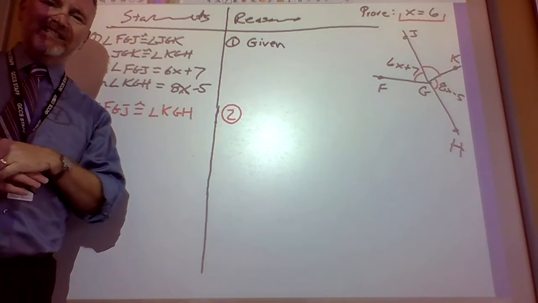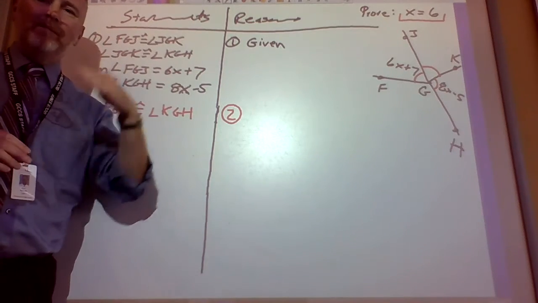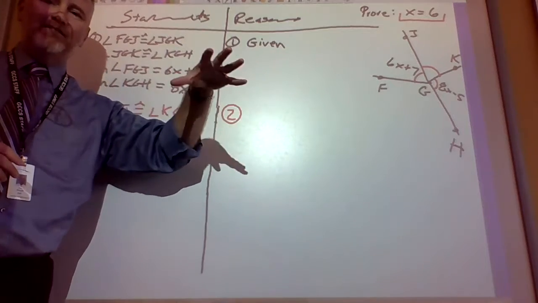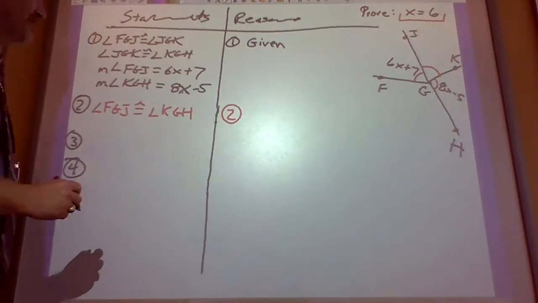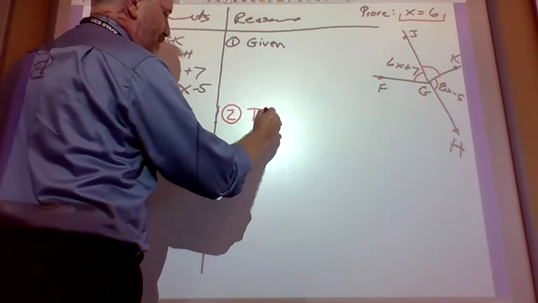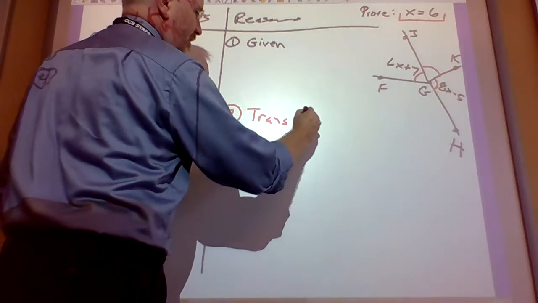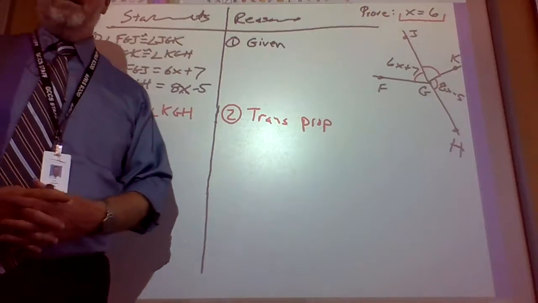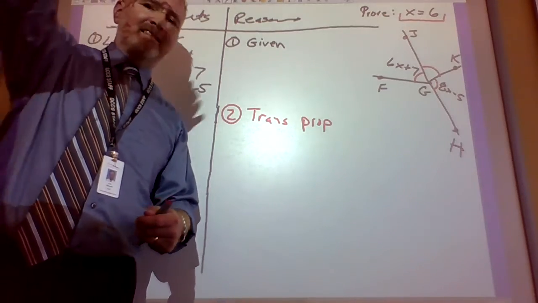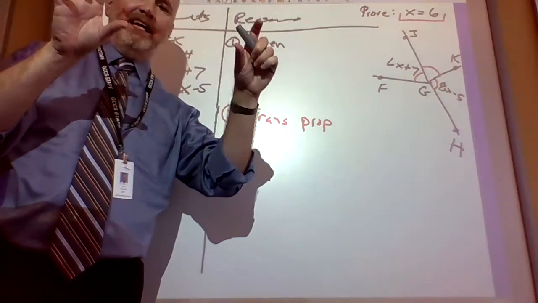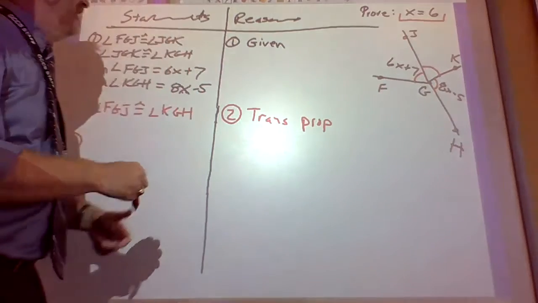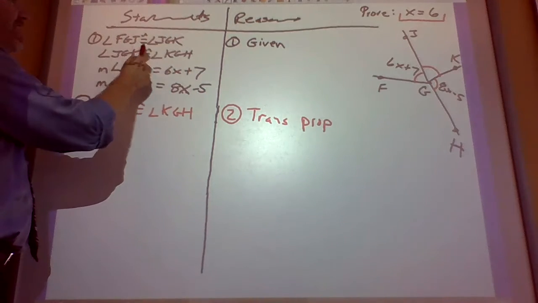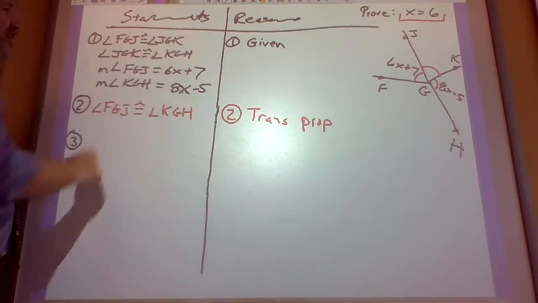What property did I just give you a few minutes ago that says you can make that jump if you have something in common? Absolutely. The transitive property. Or as we're going to call it, the trans prop. All right? You can jump from A to C if A and C are both equal to B. And in this case, we jump from this angle to this angle because they both are equal to JGK.